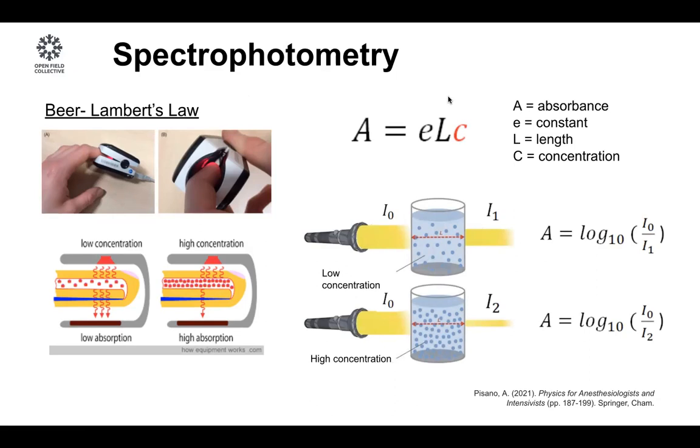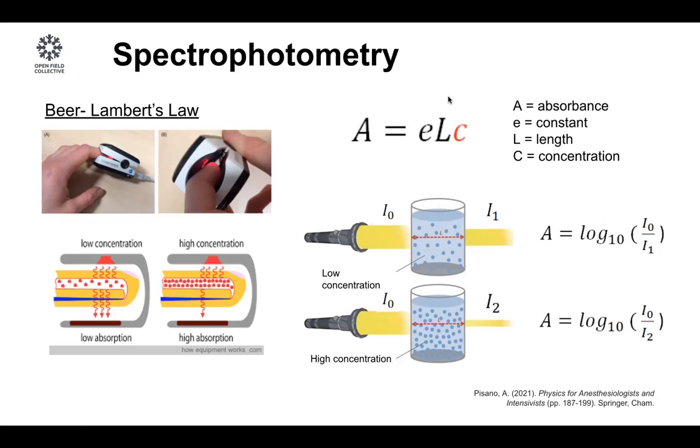And there's a mathematical constant, epsilon, that we will not worry about at this time. That is a constant for the material, so a different material will absorb light differently. Let's assume that these beakers have water and the blue dots are algae.